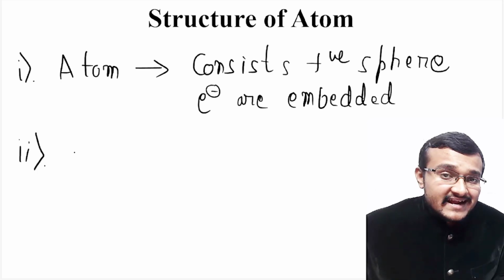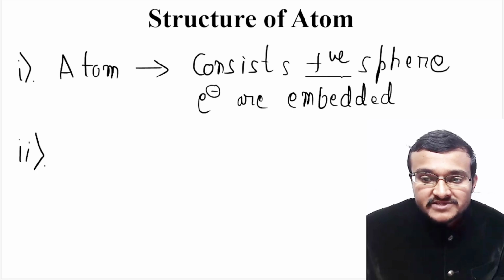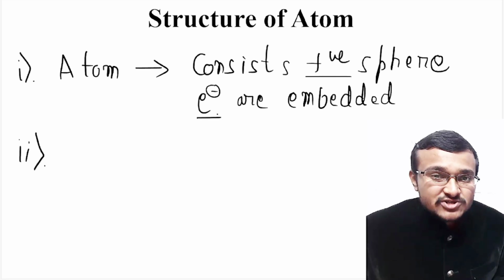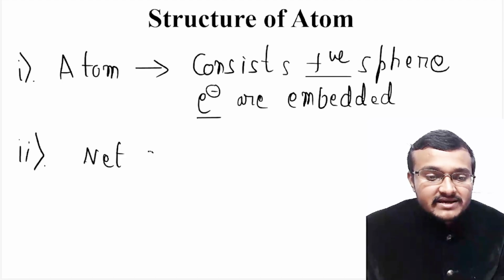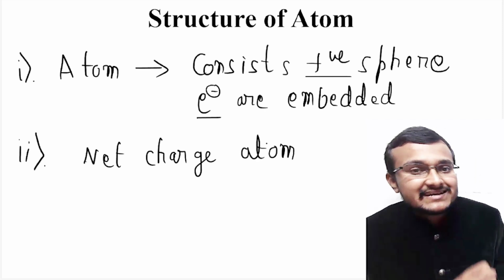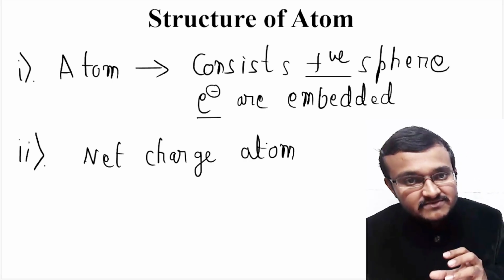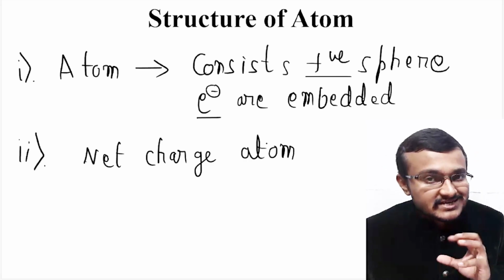And the second conclusion which you can take from this theory is that the positive charge of the sphere and the negative charge of electrons are equal in magnitude, hence the net charge of an atom will be 0, or the net charge of an atom is neutral, because the negative charge of electrons and the positive charge of the sphere cancel each other out because they are equal and opposite in magnitude.